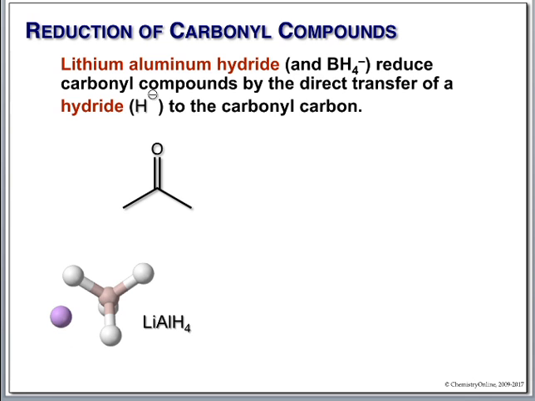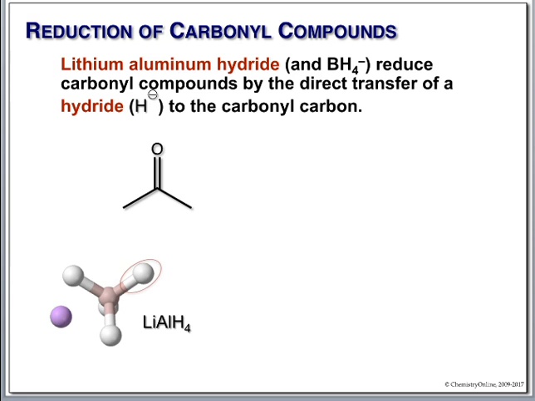What's going to happen here is that one of these hydrides, that's H minus from the hydride ion here, is going to be donated to the carbonyl carbon. Now why? Because the carbonyl carbon is positive. It has a distinct positive charge. Oxygen is more electronegative, pulls the electrons up, and makes this a positive center.